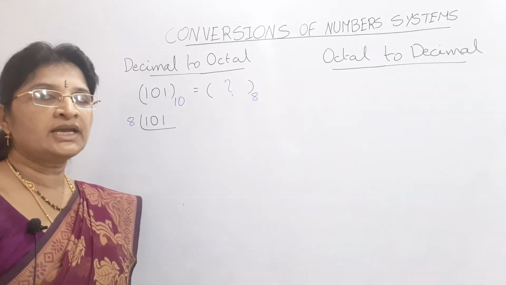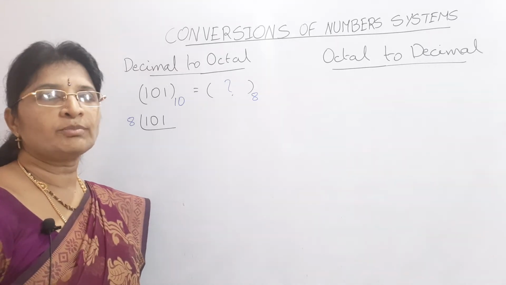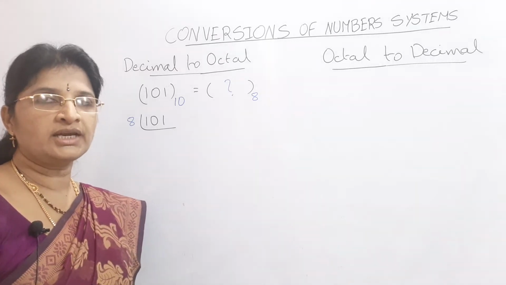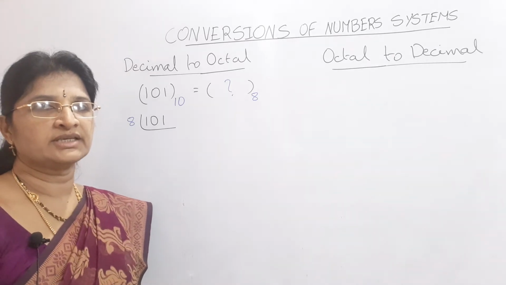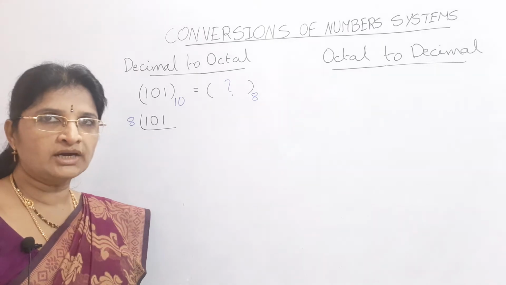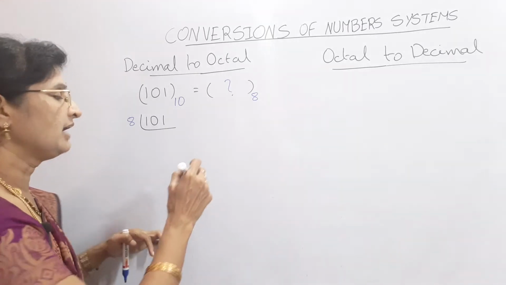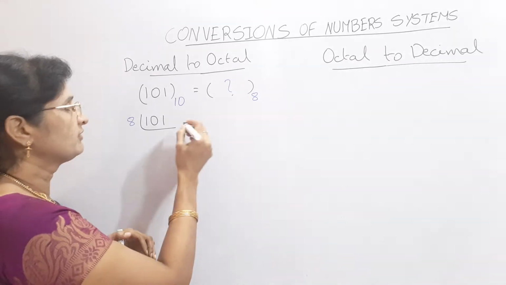That means the integer division stops if the number is not divisible. But in floating point division, it is the same as in mathematics, that is you can add a decimal point and continue the division. Here you should perform only integer division.